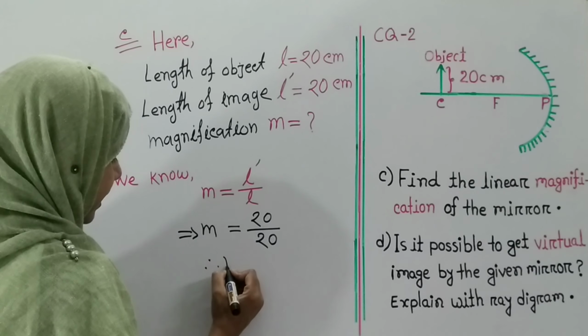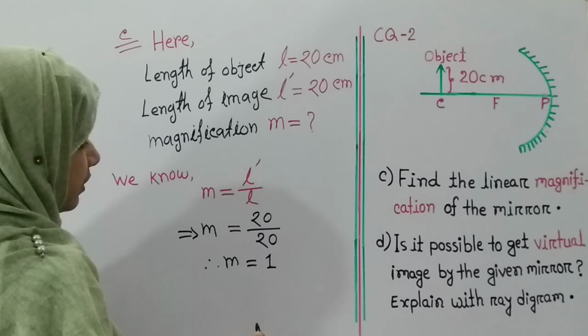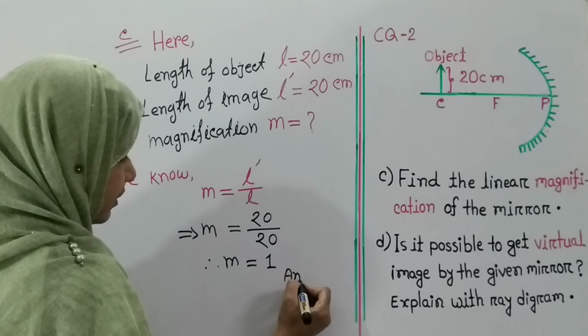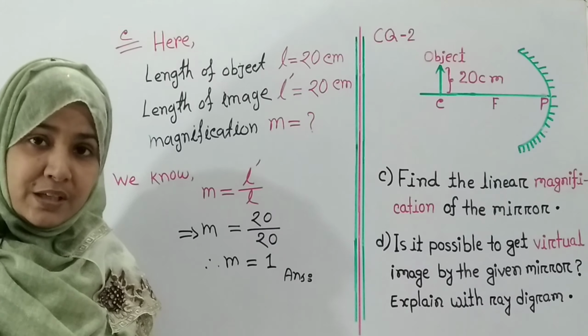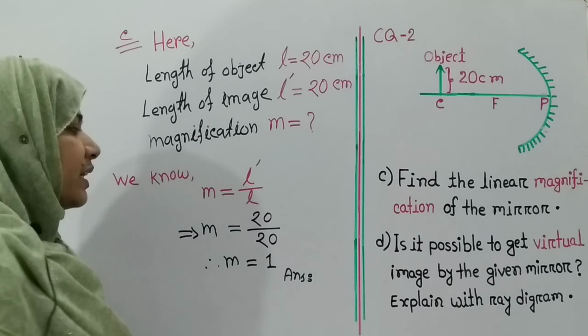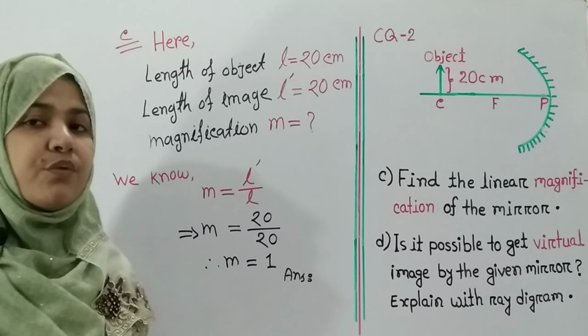So the magnification M equals 1, and this is the answer of question number C. Here you can see there is no unit of magnification, as magnification is the ratio of same type of quantities.